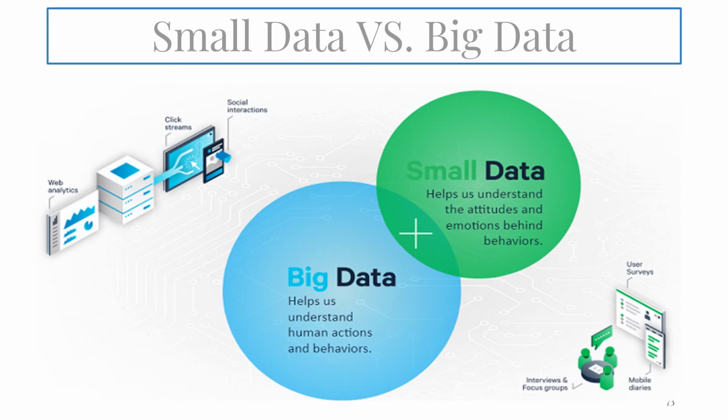Small data helps us understand the attitudes and the emotion behind the behavior, for example using surveys, interviews and focus groups to understand the behavior of customers or employees, or mobile diaries. Whereby big data helps us understand human action and behavior in general, using web analytics, click streams, and social interaction.